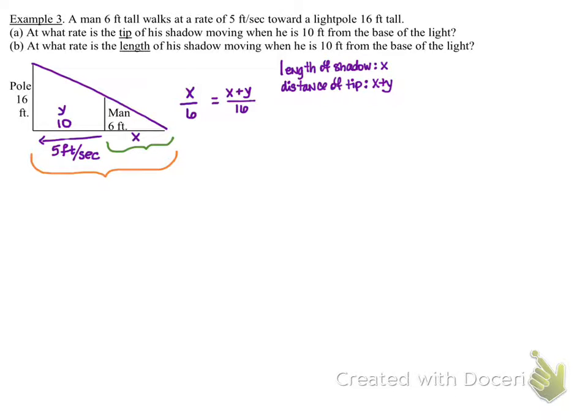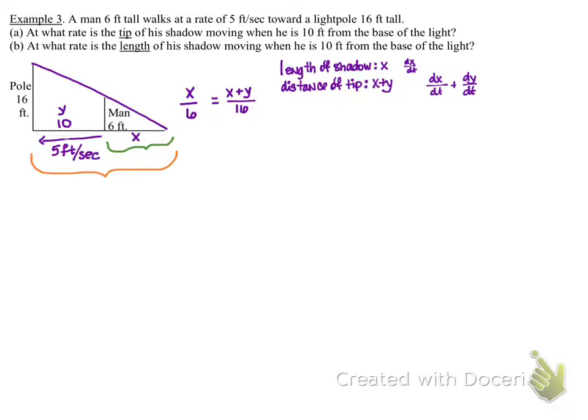And that becomes critical because the shadow is changing at a rate of dx/dt, whereas the tip is changing at a rate of dx/dt plus dy/dt.